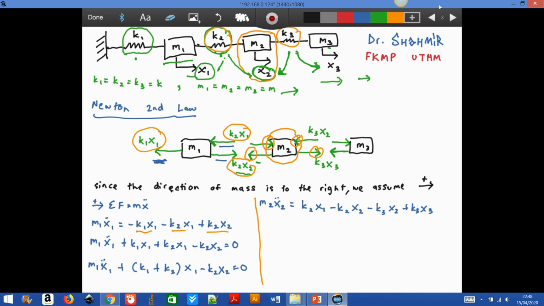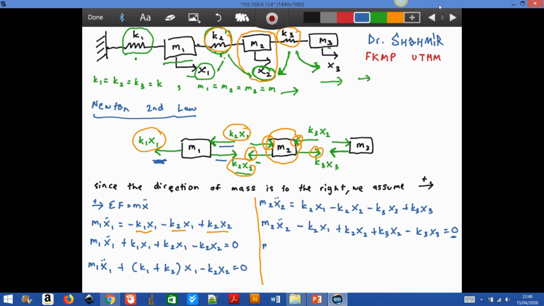So bring everything to the left. m2 x double dot 2 minus k2 x1 plus k2 x2 plus k3 x2 minus k3 x3 equals 0, because there is no force, so that's why it equals 0.